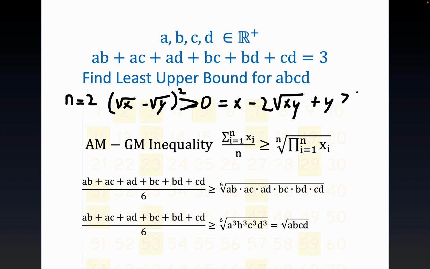Now, notice what happens right here. This quantity, this number squared has to be greater than, I should put greater than or equal to 0. Okay? Now, notice what happens here, and I'll just write down the result.